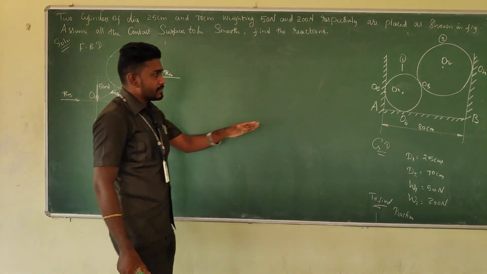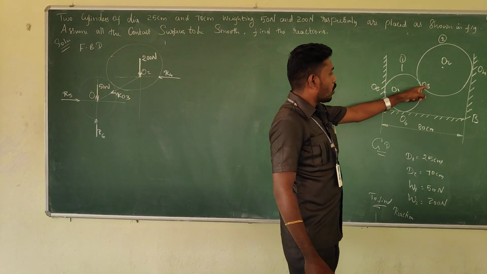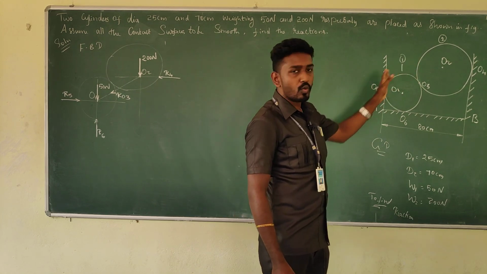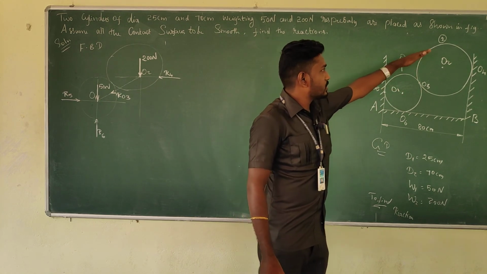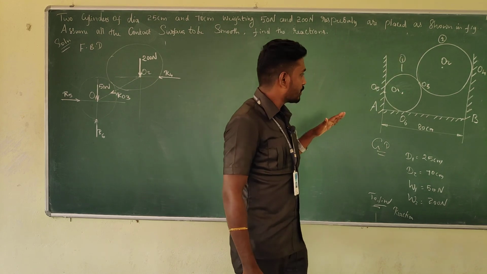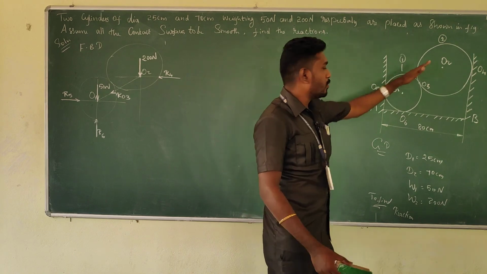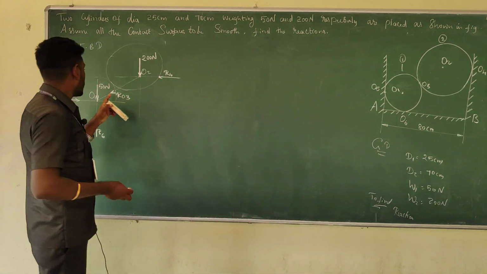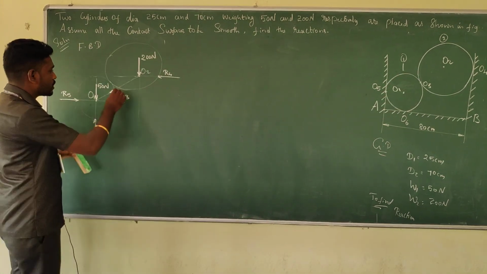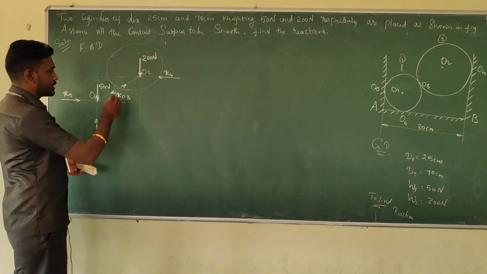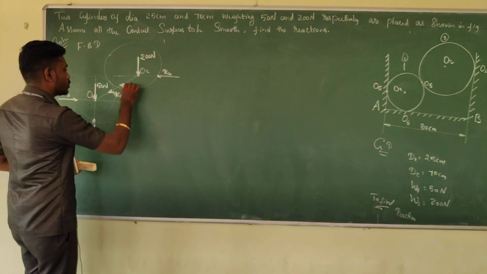Then when you come to the point O3, cylinder 2 is having contact with 1, right? So when you are considering cylinder 2, there will be a reaction force because of cylinder 1, acting inwards. Already we have the line of action, so just direct it inward to the center of the object. We can represent it as O3.